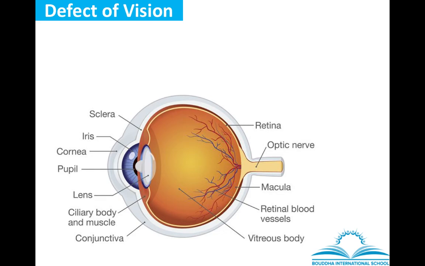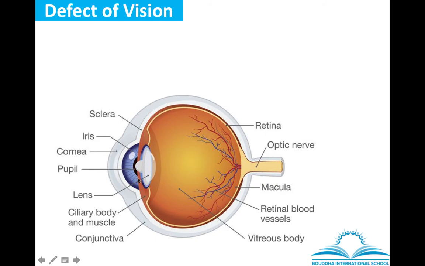Now, defect of vision. As we said, whenever the distance of the object changes, the focal length of the eye lens also must change. For example, if the eye is observing a far object, the eye lens must have a long focal length. Similarly, when the eye is observing a near object, the eye lens must have a short focal length.